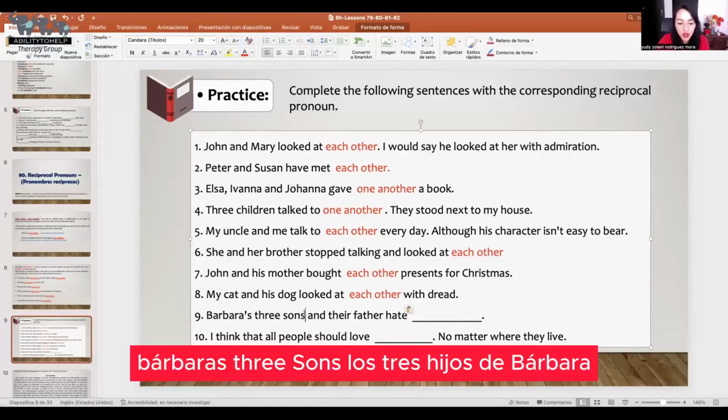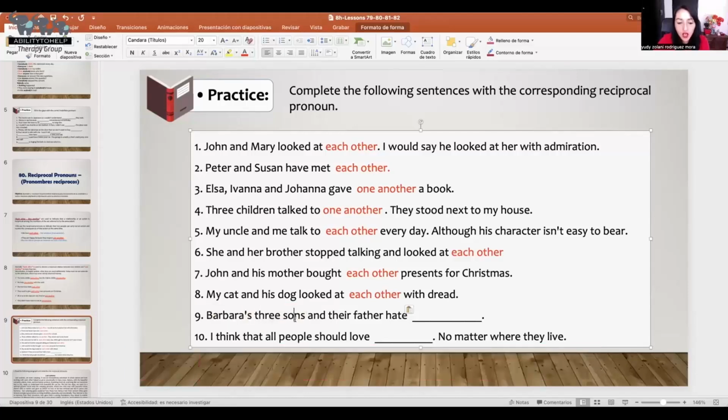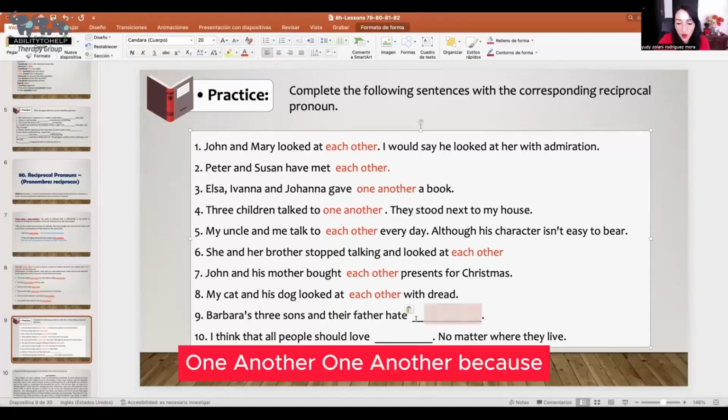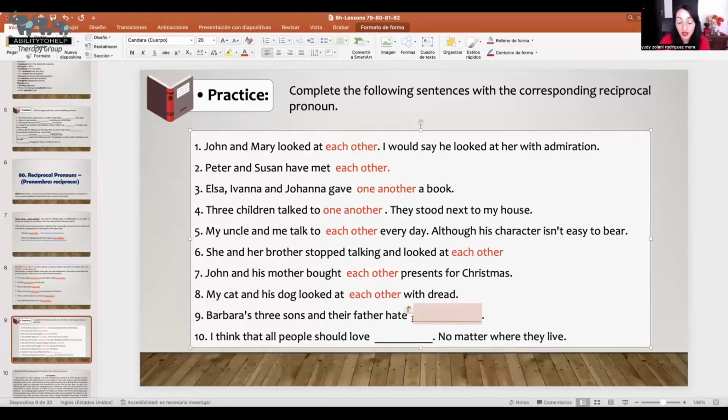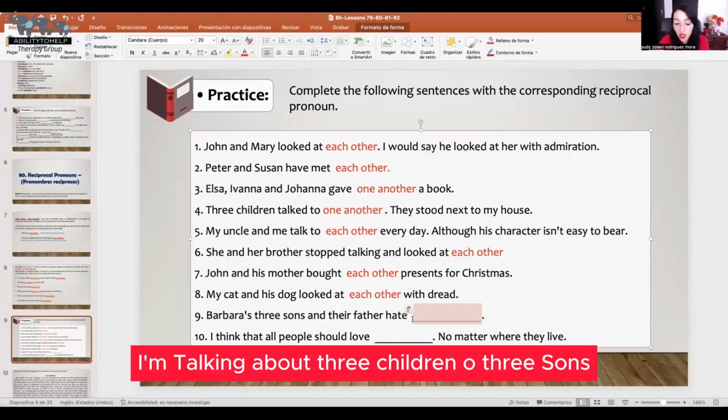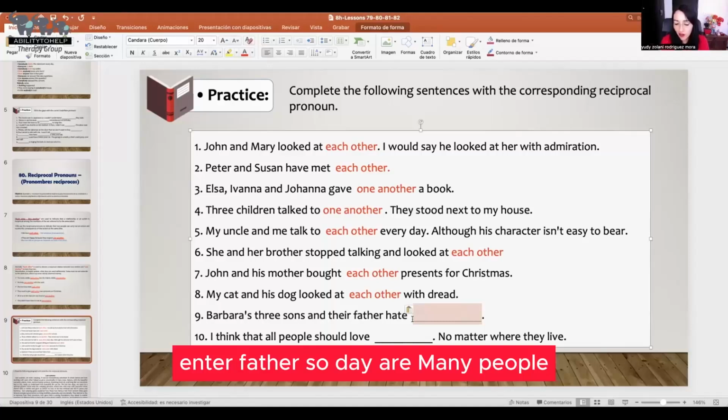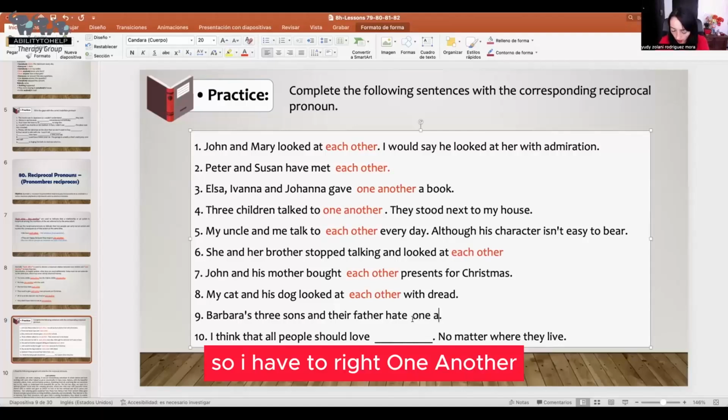Bárbara's 3 sons, los 3 hijos de Bárbara. Acuérdate que esto significa de. And their father hate one another. One another because I'm talking about 3 children or 3 sons and their father. So they are many people. So I have to write one another. One another is the answer here.